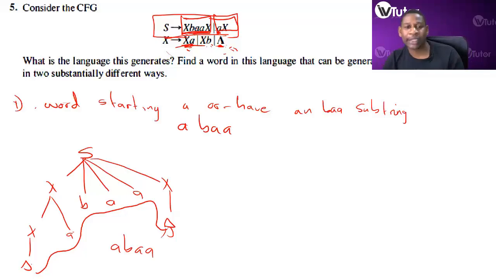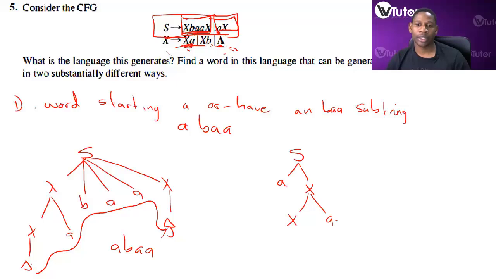And then we can produce this in another way. We can say S goes to A, X, and then X goes to XA, then X goes to XB, then this X goes to now.